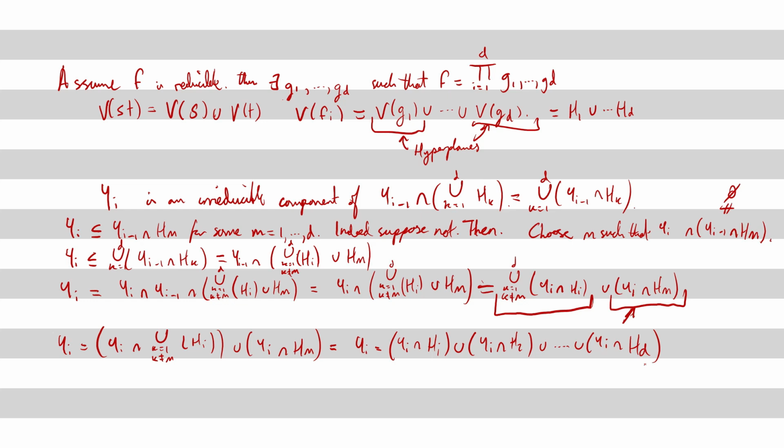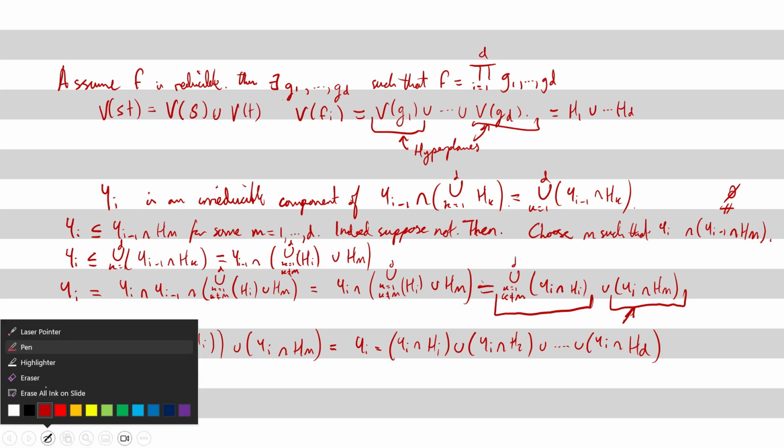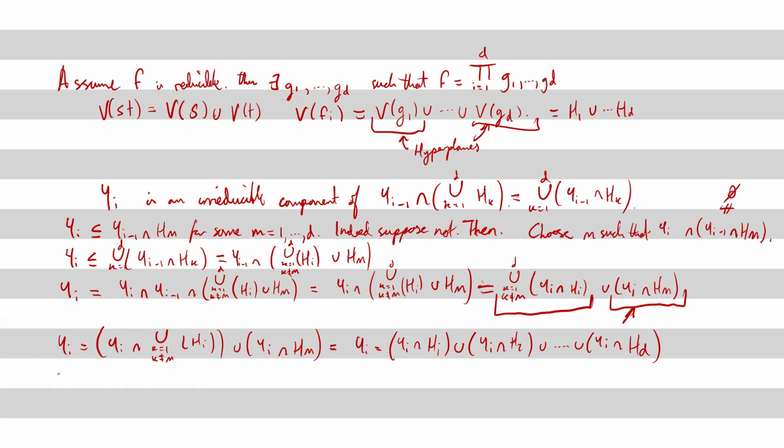Well, discard the ones which are empty, then you can smush them together because they're finite into two proper closed subsets of Y_i within the subspace topology. Therefore, this violates the irreducibility of Y_i.